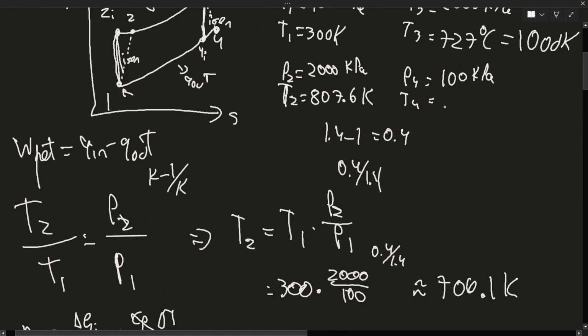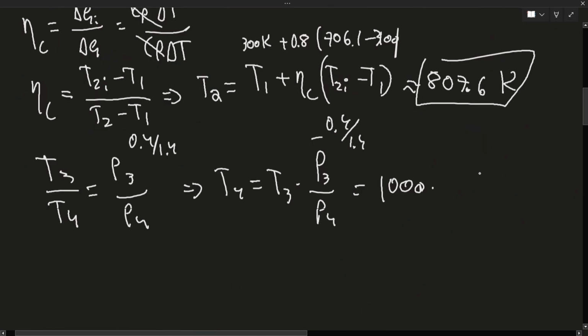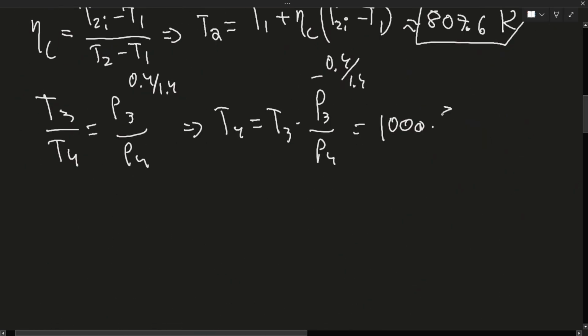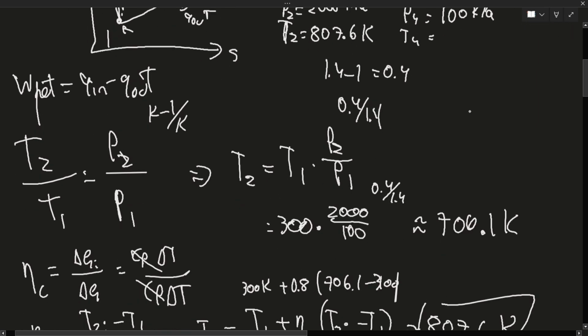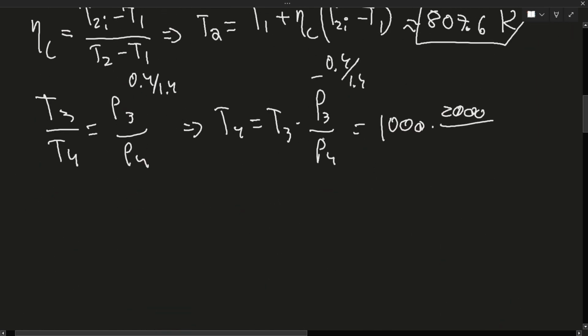Pressure 3, we wrote it up here, it's 2000 kPa. P4, we have it over here, it's 100 kPa. To the power of negative 0.4 over 1.4. So T4, ideally, is going to be about 424.9 Kelvin.